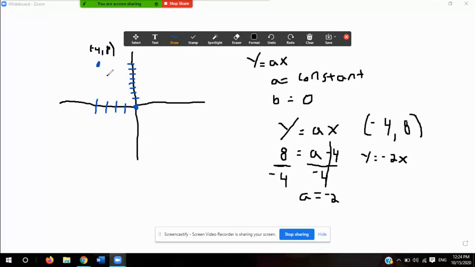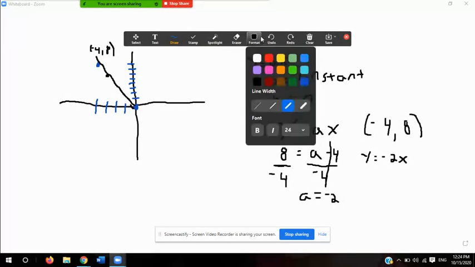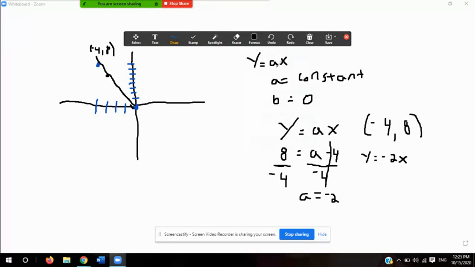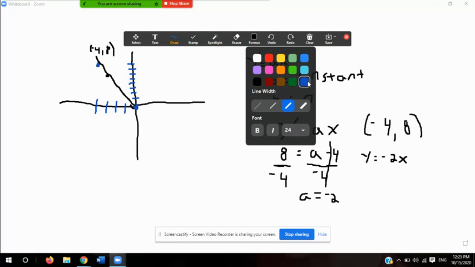So it passes through the origin, and then all I do is connect the dots as best as I can. And there is my graph, more or less. Let me just draw it a little better so you guys can observe it better.